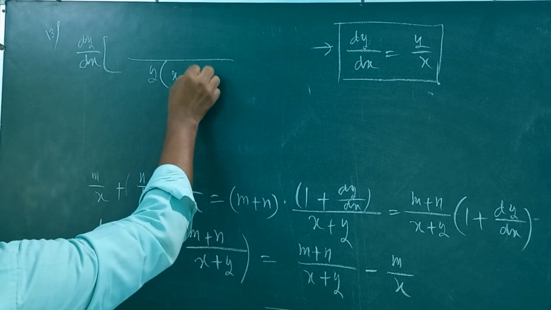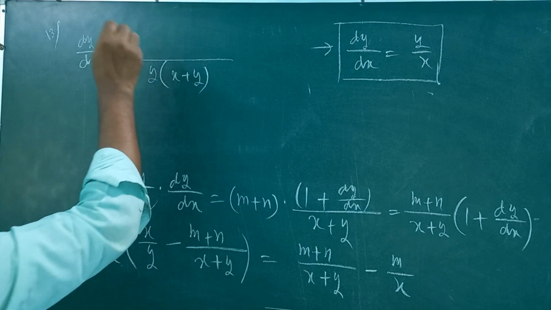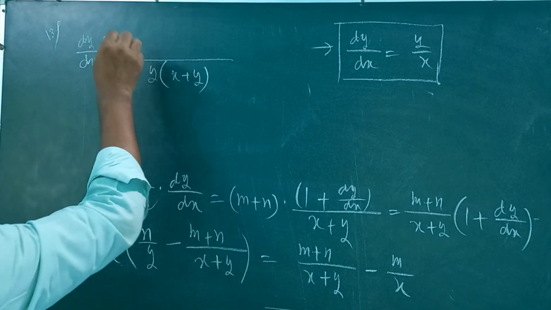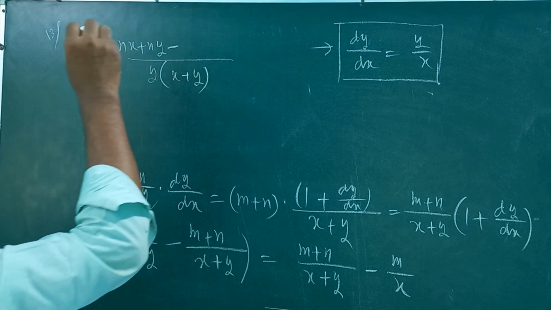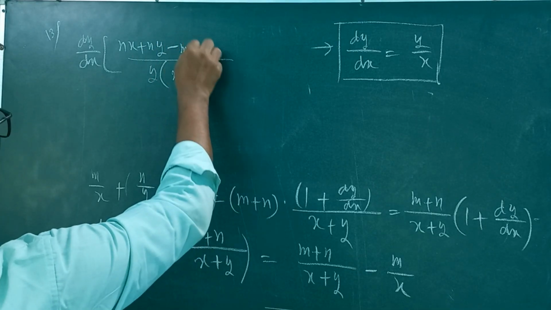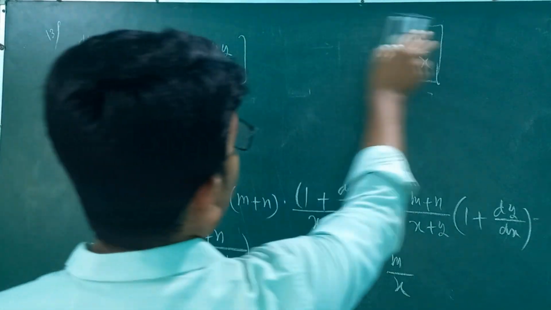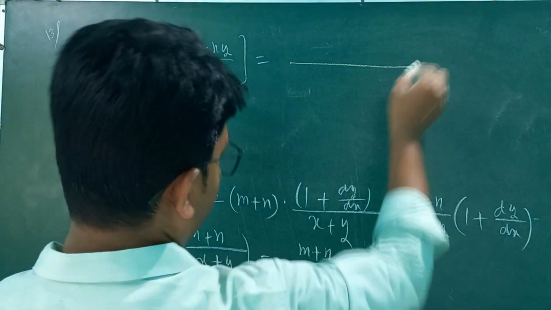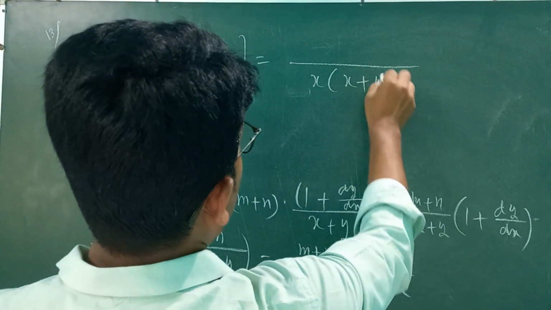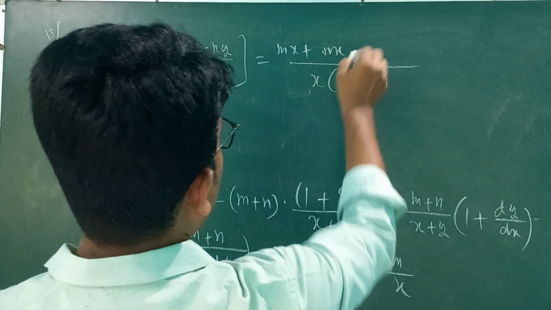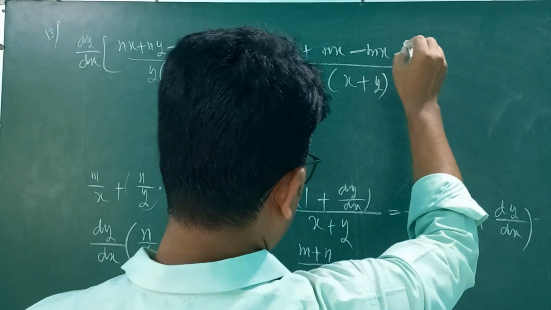y into (x plus y), mx, sorry, this one n by y, sorry, nx plus ny minus my minus ny equal to, here this one x plus x into (x plus y), mx plus nx minus mx minus my.